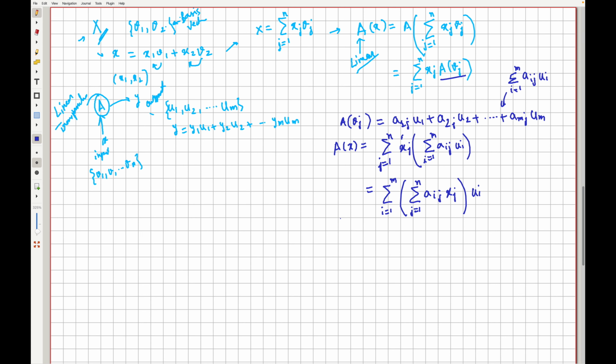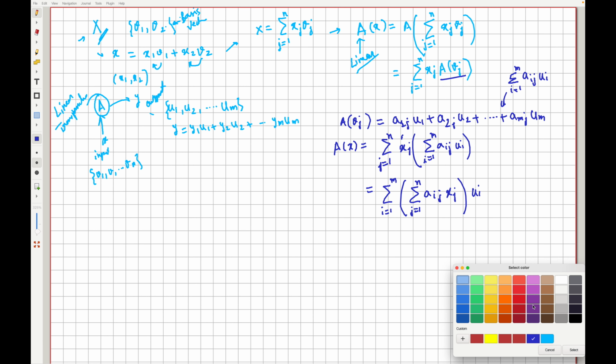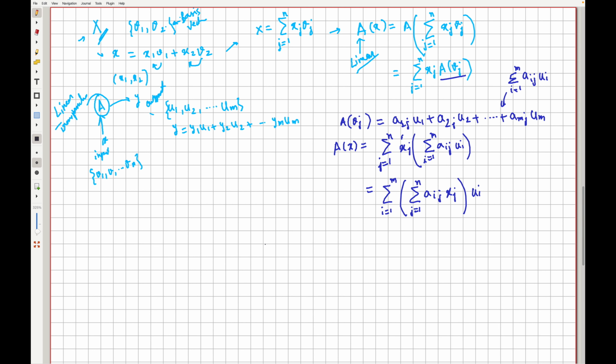Now we try to equate this with the coordinate expression of y. So y is equal to the summation i is equal to 1 to m. I think that's what we have been writing.